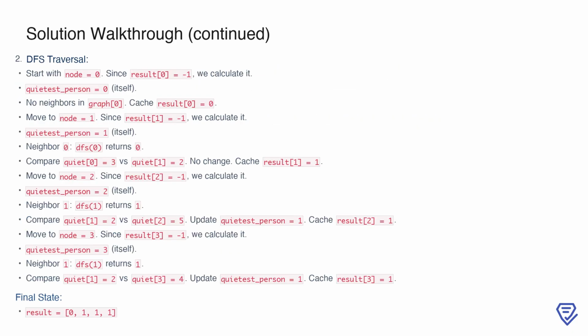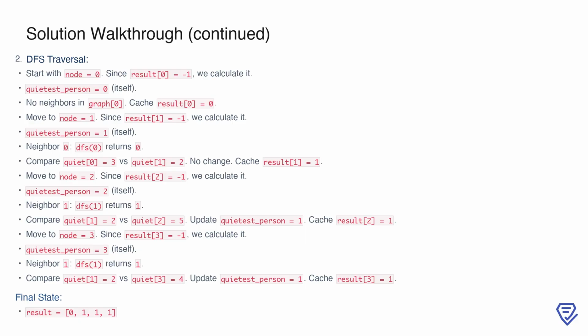Next, we perform a DFS traversal to compute the quietest person for each node. Starting with node equals 0, we observe that its result is uncomputed, so we initialize its quietest person as itself, quietest_person equals 0. Since node 0 has no neighbors in the graph, we directly cache the result as result[0] equals 0.